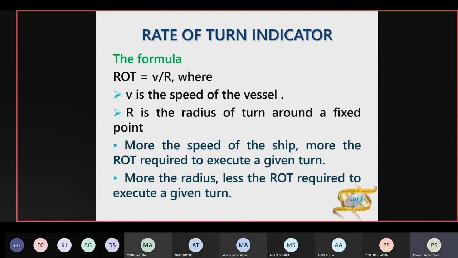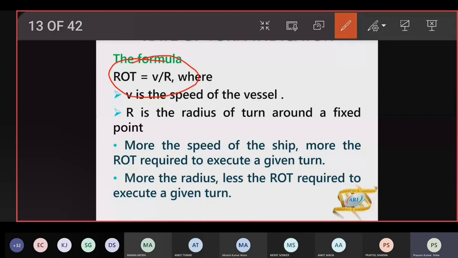So I suppose seeing the relationship ROT equals V by R, all these factors are self-evident. The more the speed of the ship, the more ROT required, because she is going to take less time.